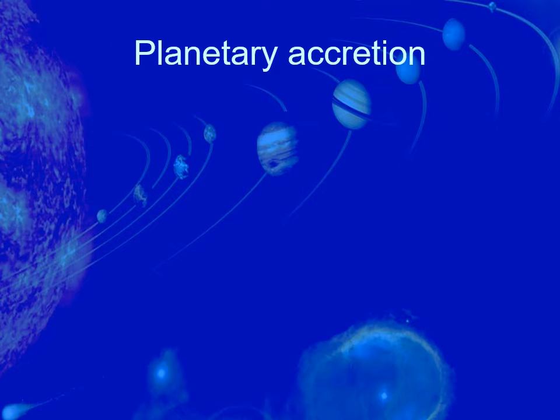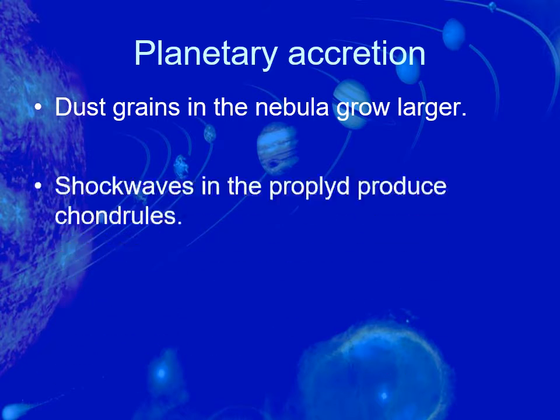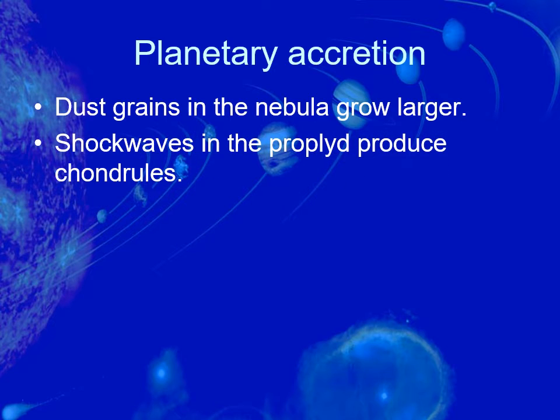Okay. This idea is basically what we call planetary accretion. The dust grains gradually grow larger as they run into each other and merge. They form as shock waves pass through the planetoid.